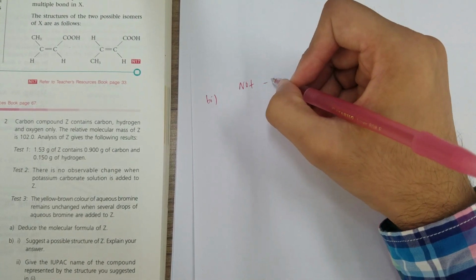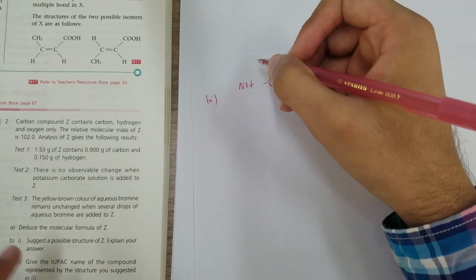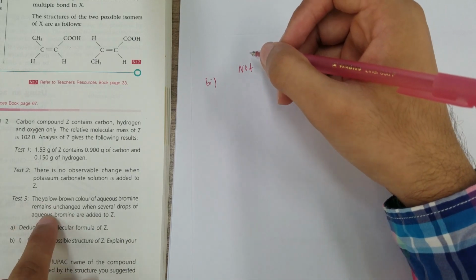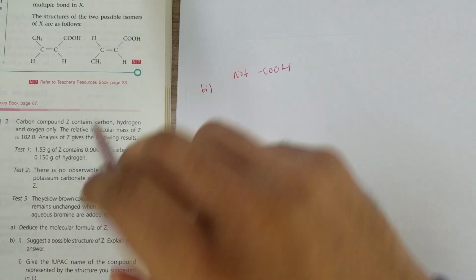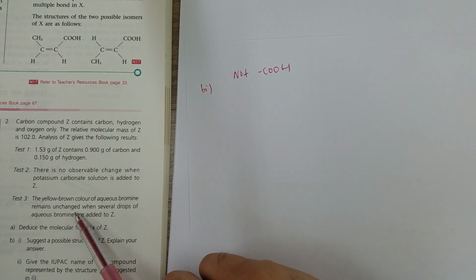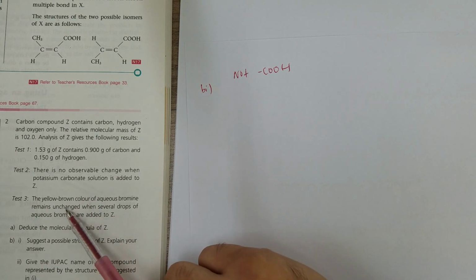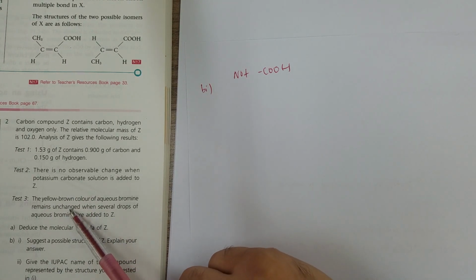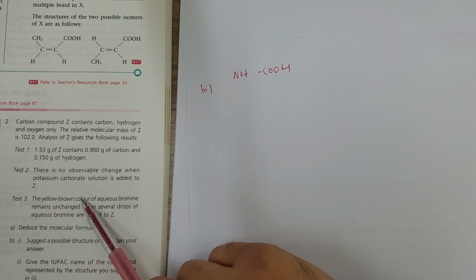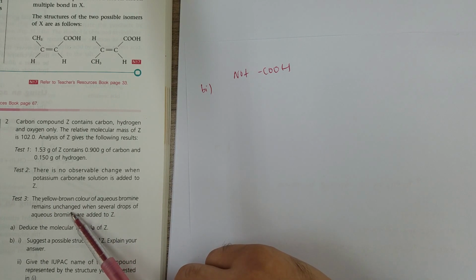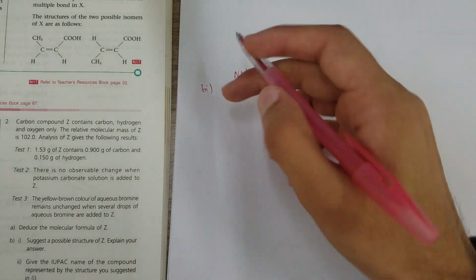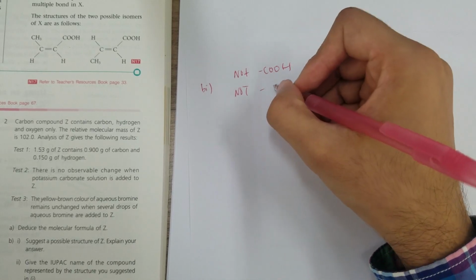So not COOH for test 2. Now for test 3, yellow-brown color of the aqueous bromine remains unchanged when several drops of aqueous bromines are added to that. Now this is testing for alkene. Now had it been alkene, the bromine would have been decolorized. So therefore not alkene.